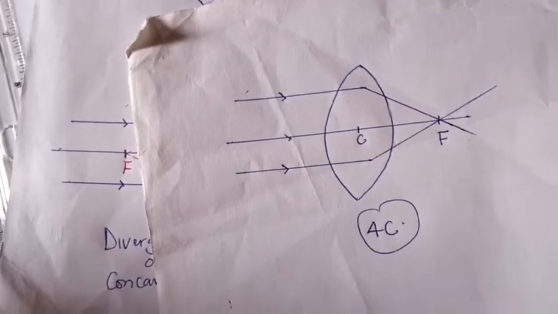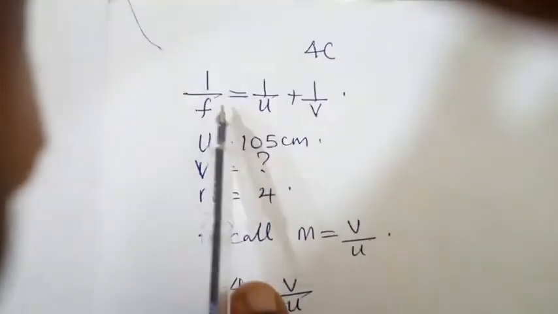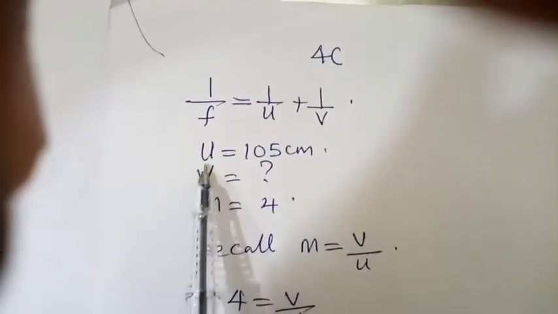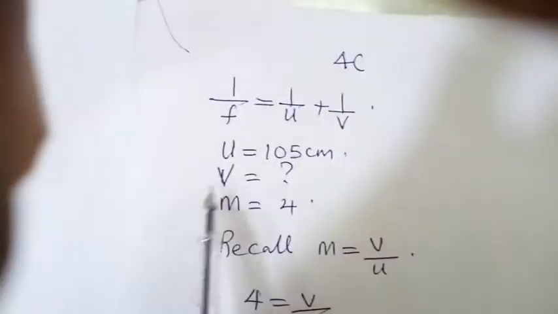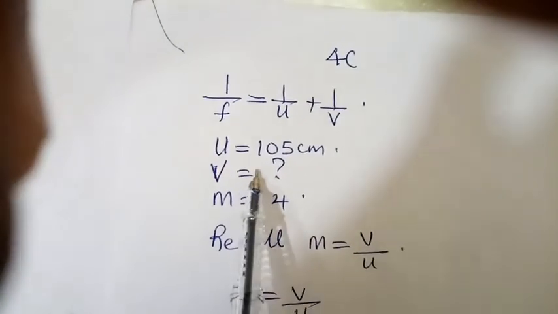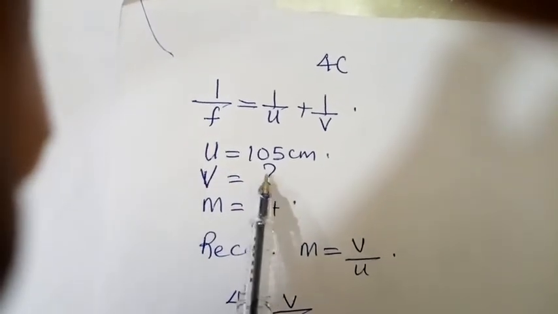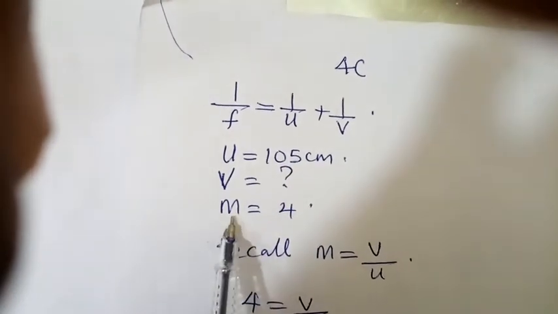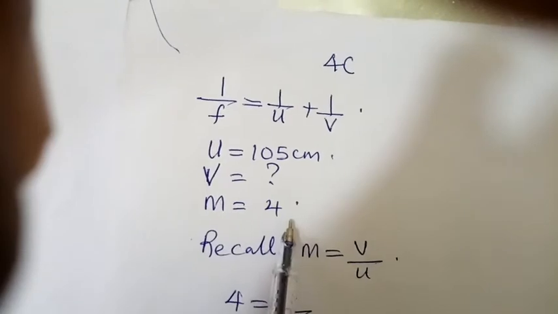Okay, this is the solution to number 4. The formula given here is the mirror formula or lens formula, where U is the distance from the object to the lens, while V is the distance from the lens to the image. U was given as 105, and the next thing they gave us was magnification, m equal to 4.